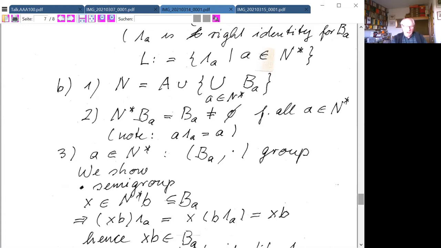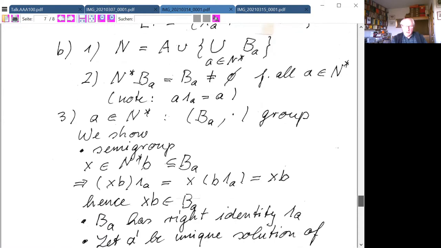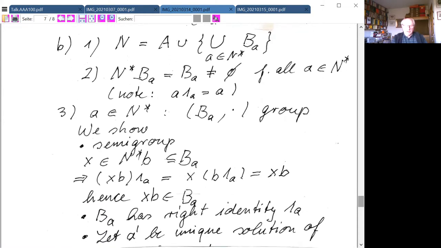And if we multiply an element B in B sub A from the left by an element of N star, we get an element in B sub A, and we get all the elements. So this is certainly not empty. For instance, A belongs to it.